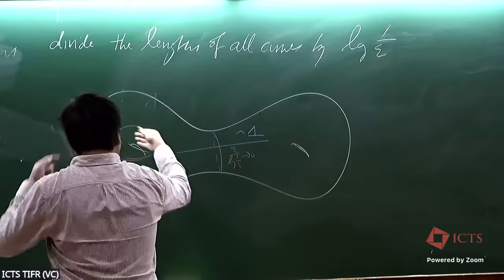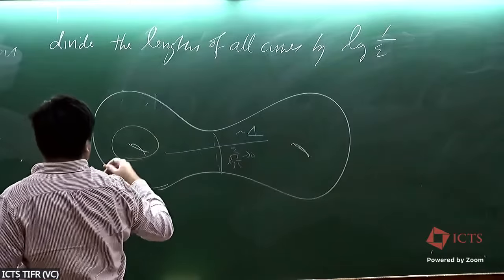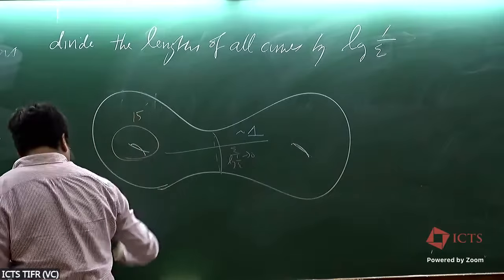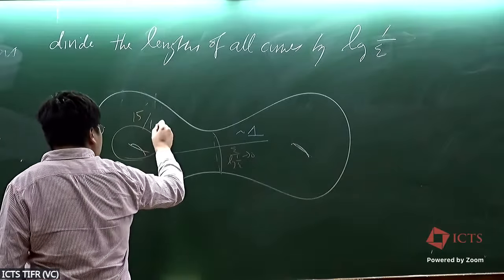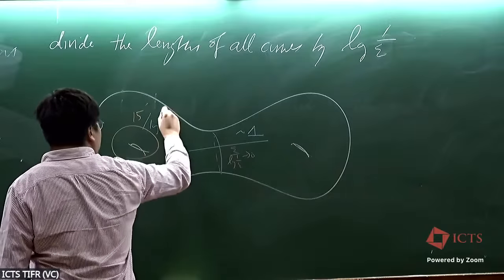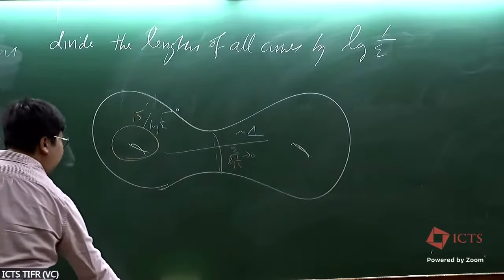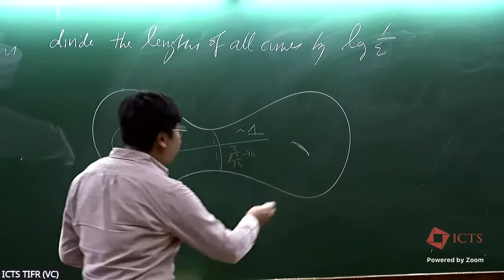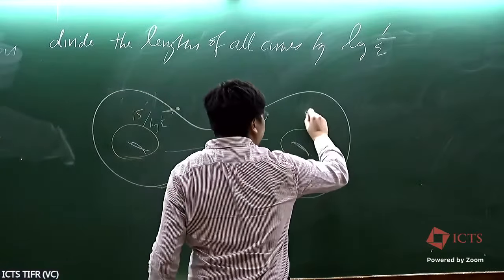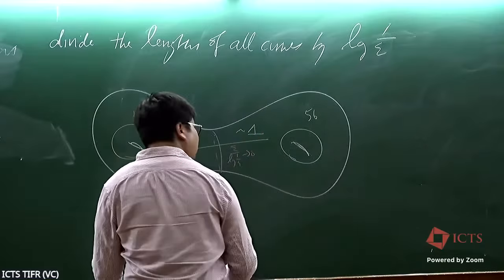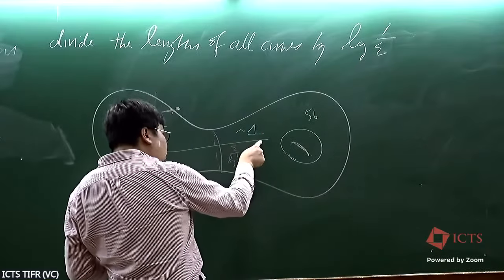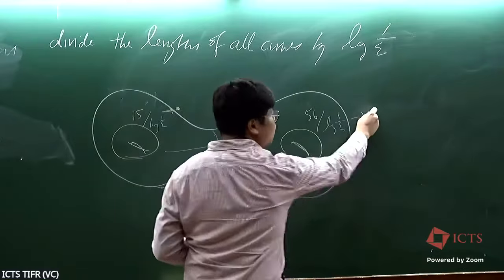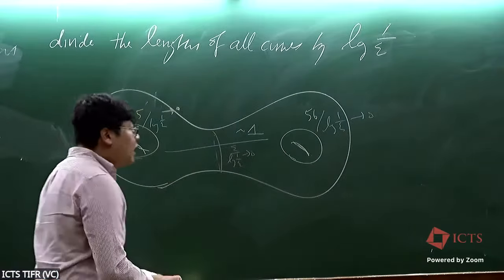Maybe if I start pinching, it's no longer 13, maybe it's like 15 or something. But if I divide by log 1 over epsilon, this goes to 0. So this orange curve goes to 0. And likewise, this green curve, maybe it becomes 56 or something. But the point is that it does not grow as quickly as this blue arc. So when I divide by log 1 over epsilon, this too goes to 0.